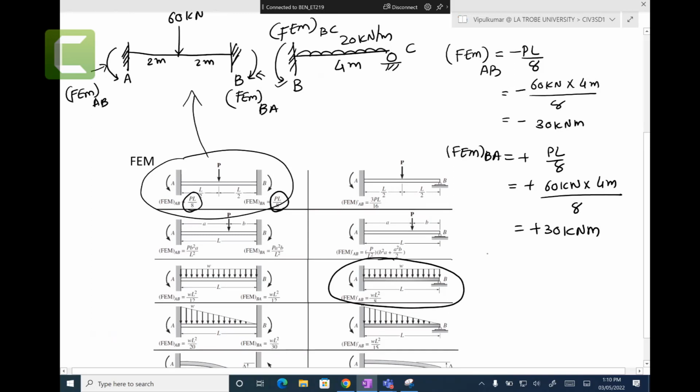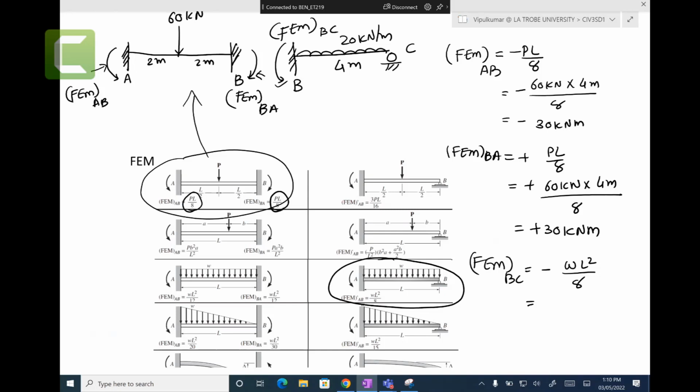This one is anti-clockwise. So fixed end moment of BC equals minus WL square on 8. No problem. So minus WL square over 8. Right? Can you see it? All right.